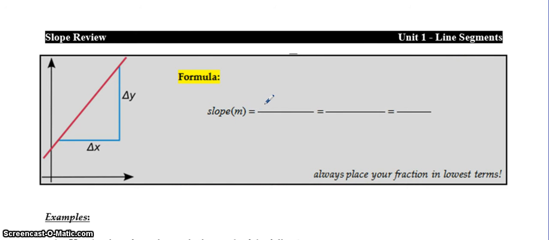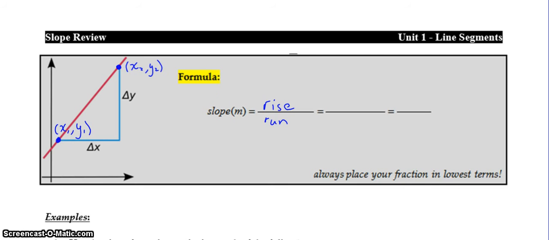Now, your equation for slope we just learned was rise over run. But there's a couple of other ways of writing the slope. So if this is one point here, and this is another point here, this point we might call x1, y1, and this point we can call x2, y2.